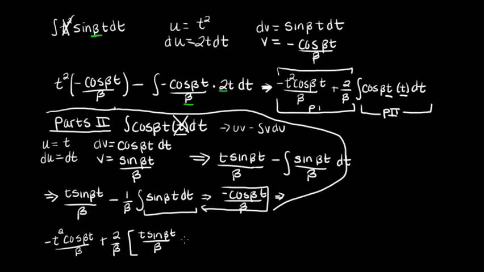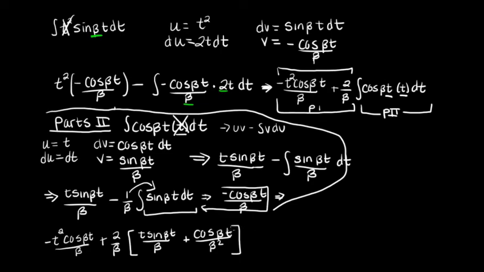We have a minus, but remember this got switched with cosine, negative cosine, so I'm going to go ahead and multiply this in at this stage. So I have a negative 1 over beta times a negative cosine beta t over beta. So that gives me a positive cosine beta t all over beta squared.